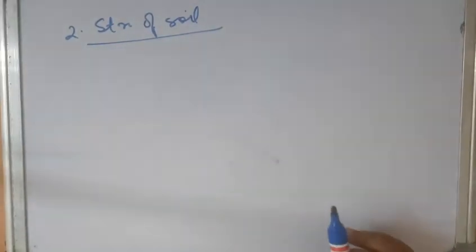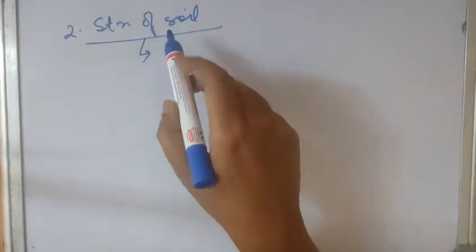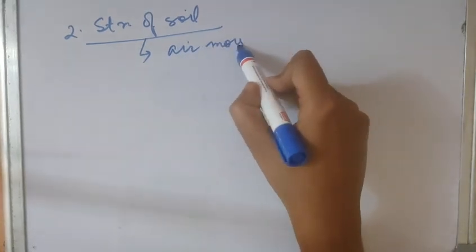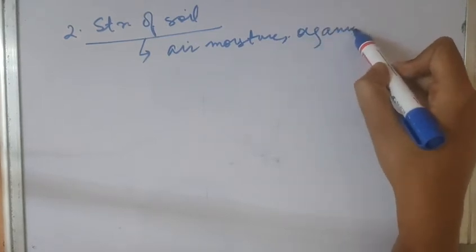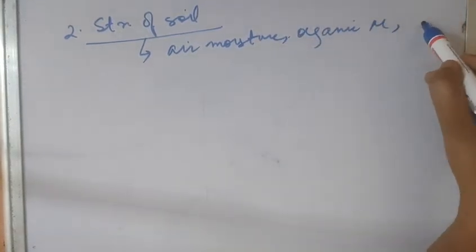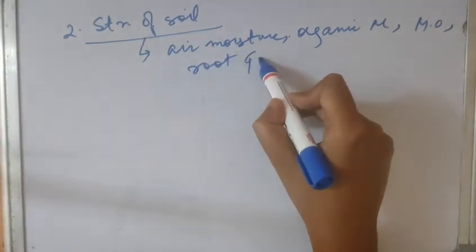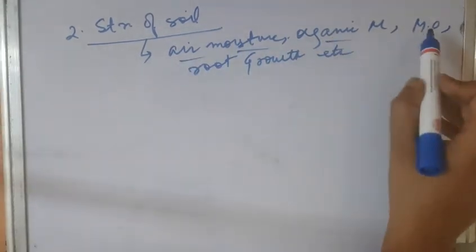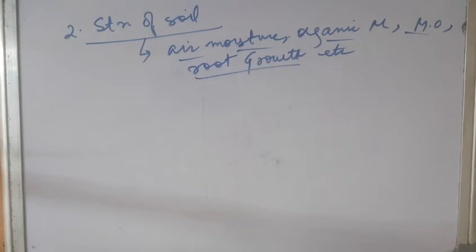We have different soil structures, and these are influenced by air, moisture, organic matter, microorganisms, root growth, etc. These all influence the structure of soil.